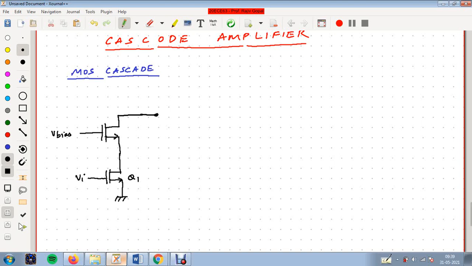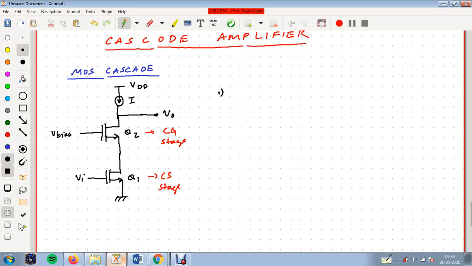So this is V0, and to maintain constant bias current throughout the circuit, I have a current supply. This is VDD. This transistor I will call Q2. So Q1 here is the CS stage, and Q2 here is the common gate stage. Clear?